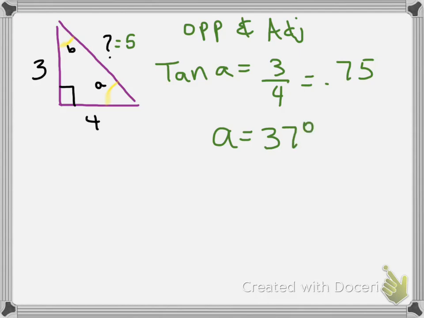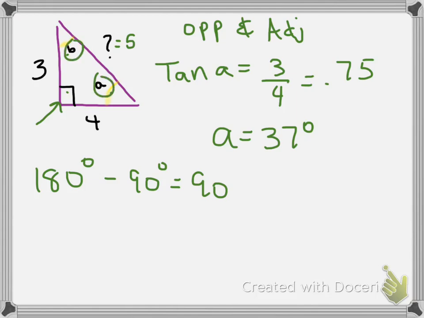Now there is a relationship between these two angles, A and B. This is also another question in your book there. And prior to this lesson, you learned that the angle measures of all 3 of these angles add up to 180 degrees. And if that angle is 90, what's left over is another 90 degrees. So that means that A and B have to add up to 90 degrees.